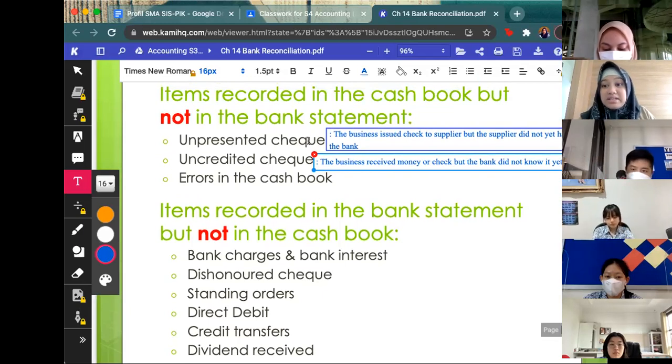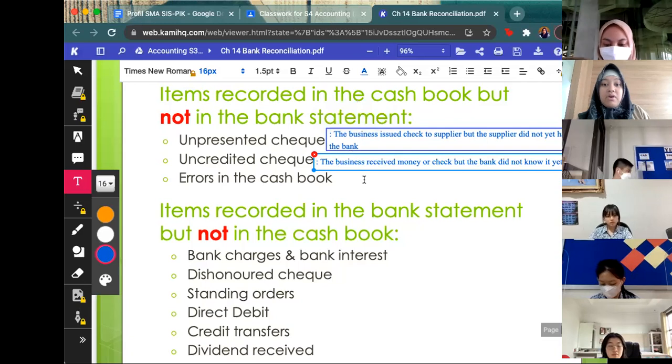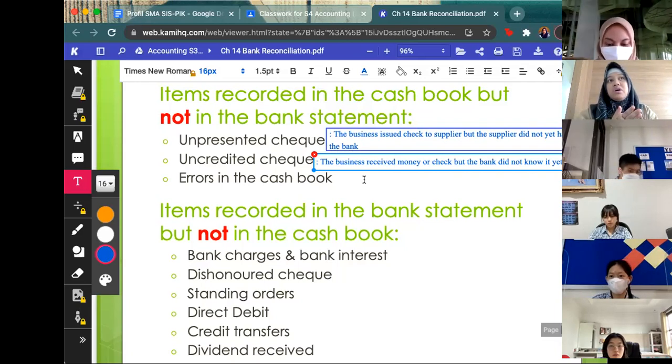It can be cash in transit, still in process, or maybe you did not yet hand in the check. Or maybe cut off. Usually the bank has a cut off for transactions around the 25th of every month. So if you make transactions from the 26th to the 30th, they will be pending or postponed because the bank has already closed the book, and they will be shown in the next month. It can happen as well.